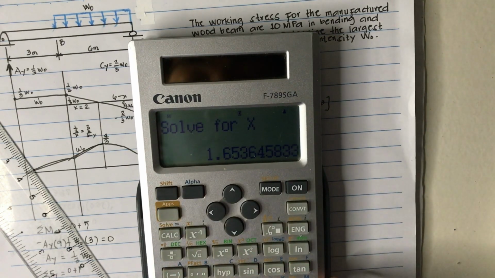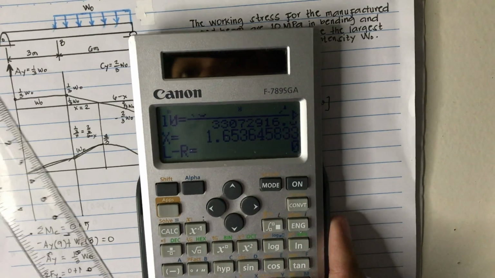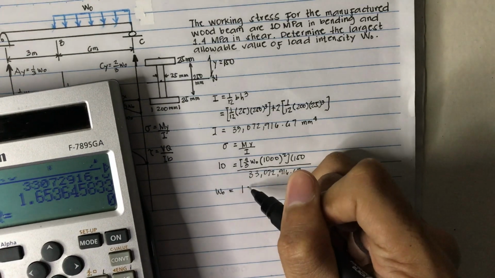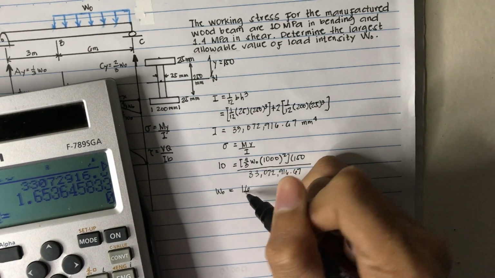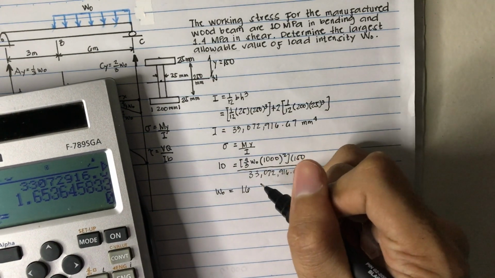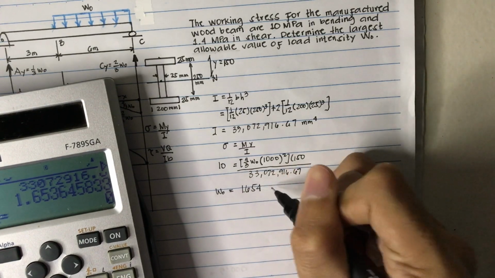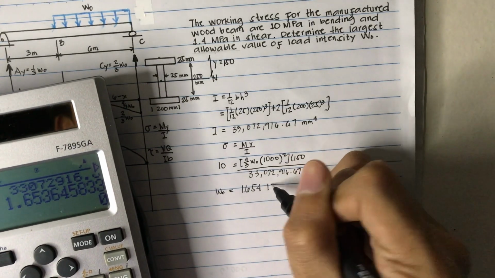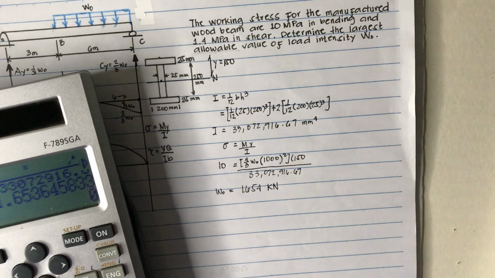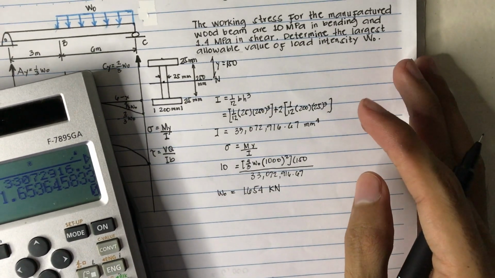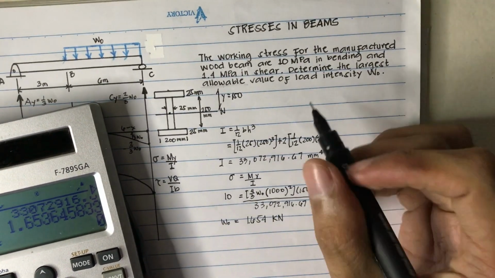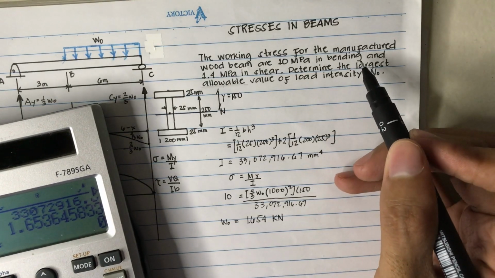Shift solve, then we will get a value of 1.654 unit nga kilonewton. So nasolve na nato ang isa ka load sa bending stress.